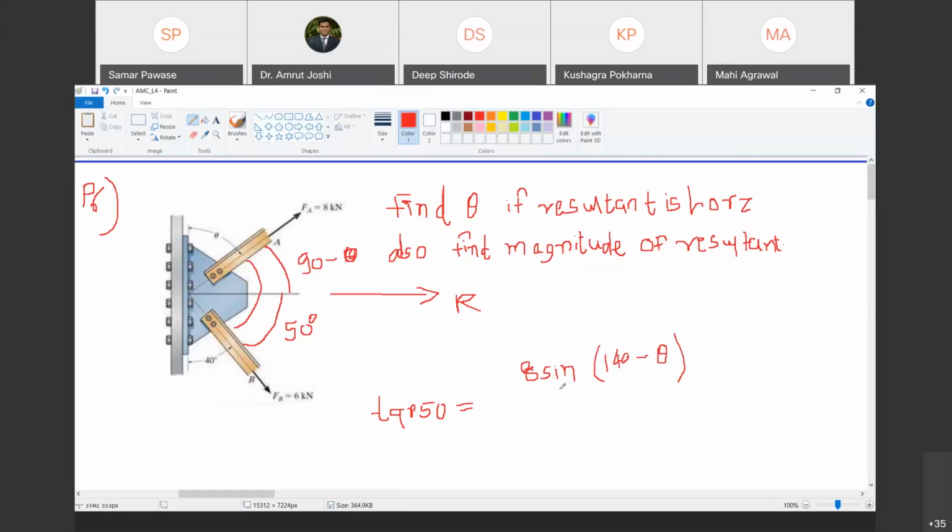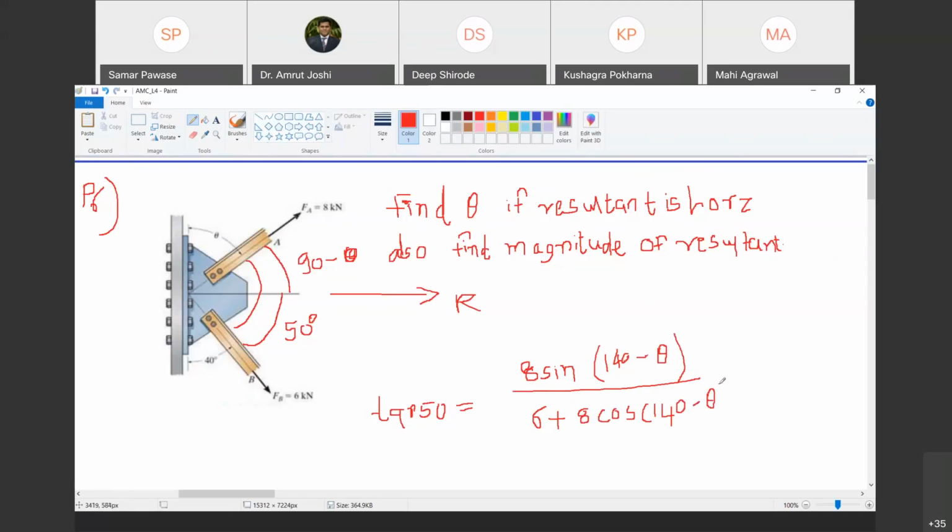Divided by 6 plus 8 cos 140 minus theta.